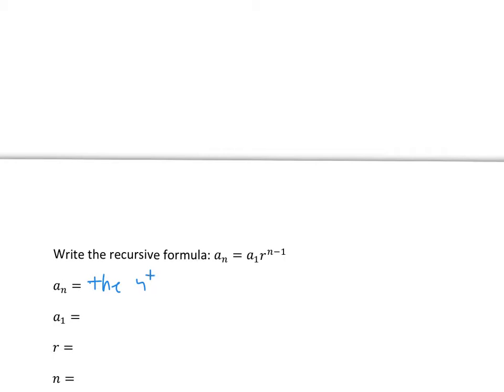The nth term in the sequence. So find the 100th term, find the 1000th term. A sub 1 is the first term in the sequence.